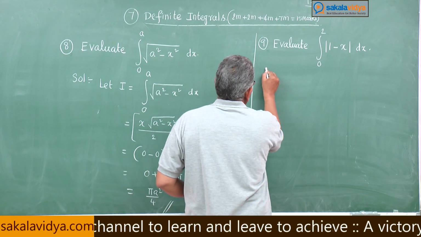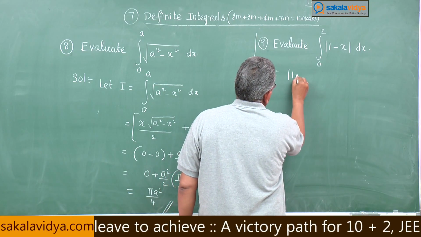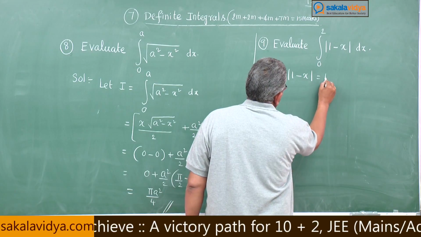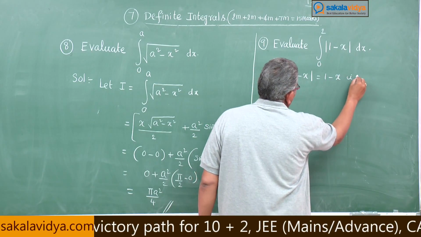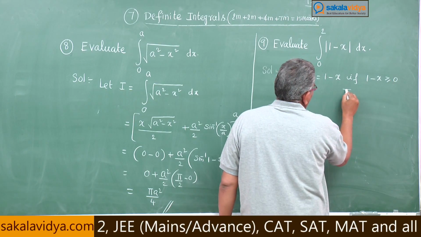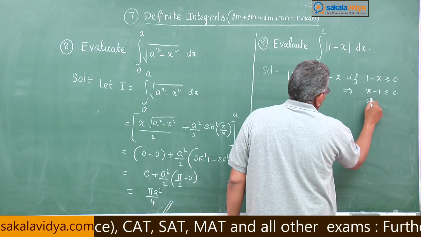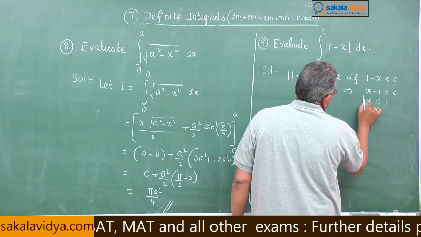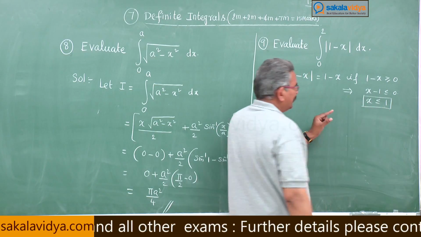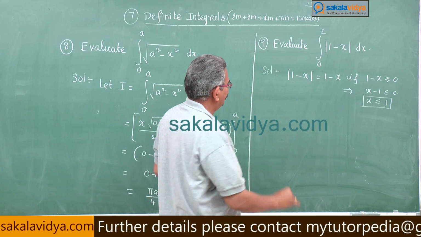So, now before doing the problem, mod of 1 minus x is equal to 1 minus x if 1 minus x is greater than or equal to 0. That implies x minus 1 less than or equal to 0, that means x less than or equal to 1. If x is less than or equal to 1, this modulus of 1 minus x becomes 1 minus x.